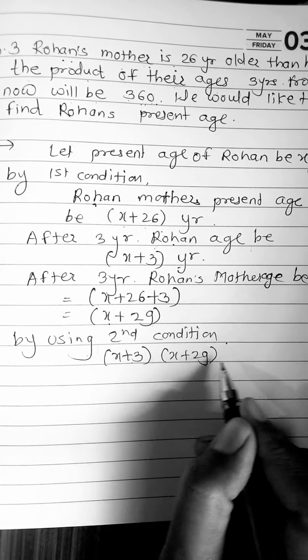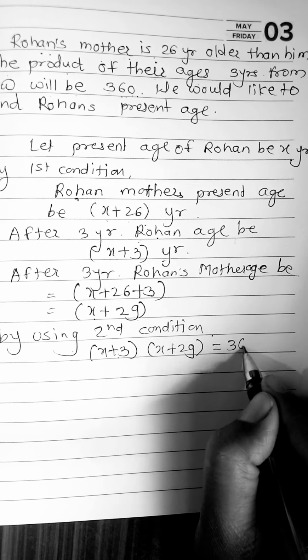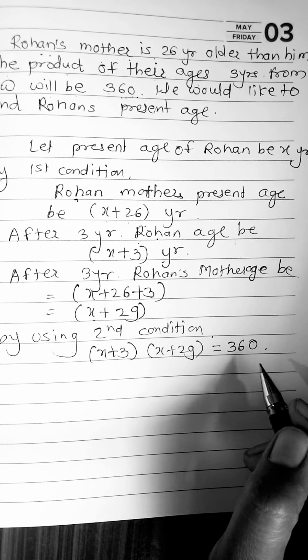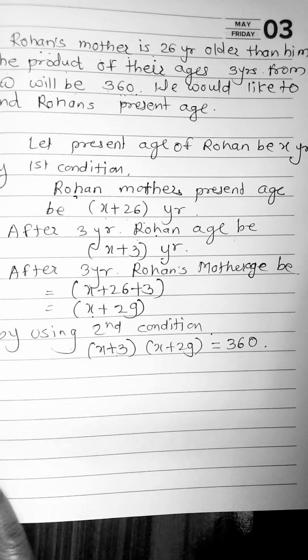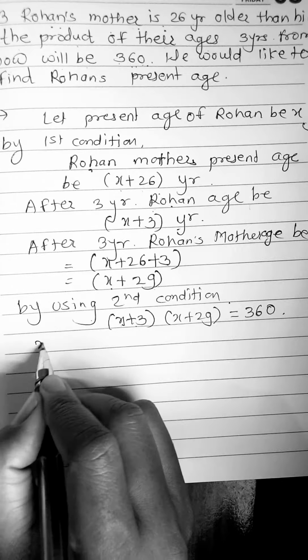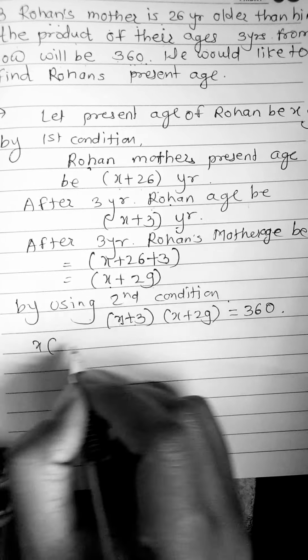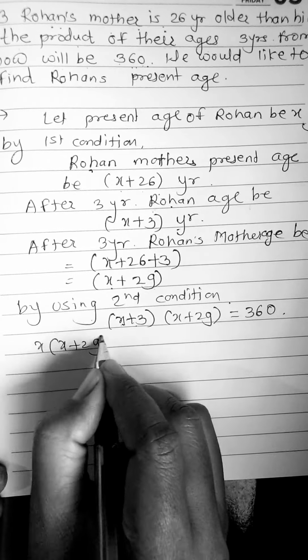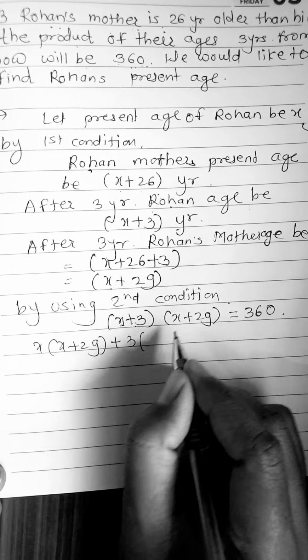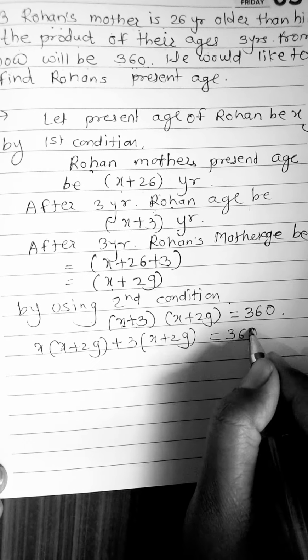So the product of their ages after 3 years is 360. So we take the bracket multiplication: x plus 3 into x plus 29 is equal to 360.